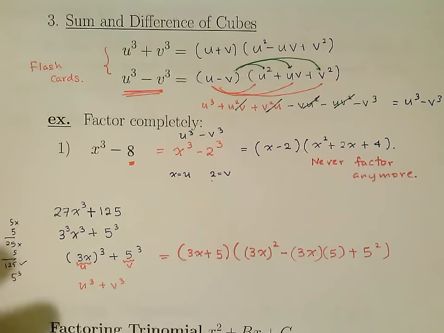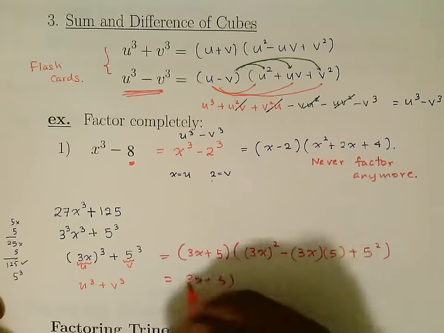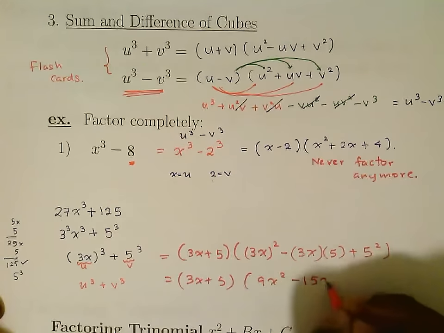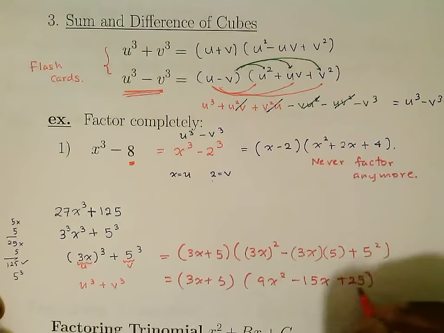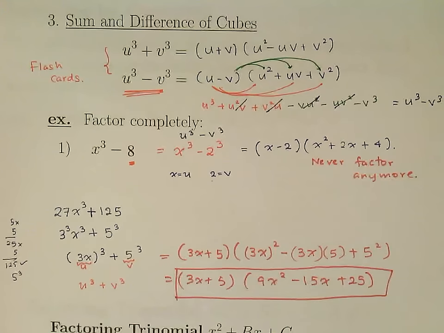All I did was apply the formula. Find your u and v and just apply the formula. And that would be 3x plus 5 times 9x squared minus 15x plus 25. And again, there are no more factors. Don't even think about factoring this. It never factors. Okay, so that's the final answer.